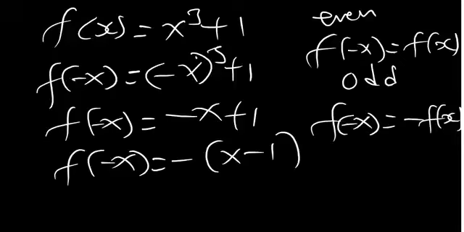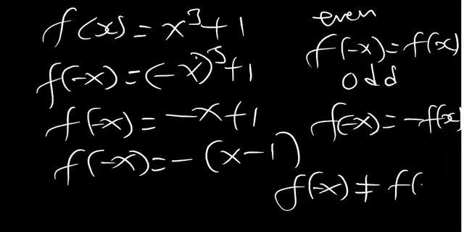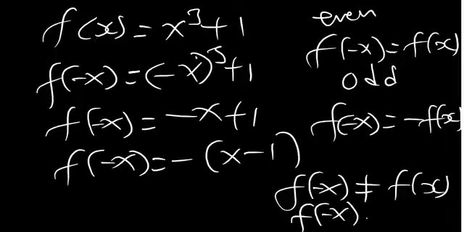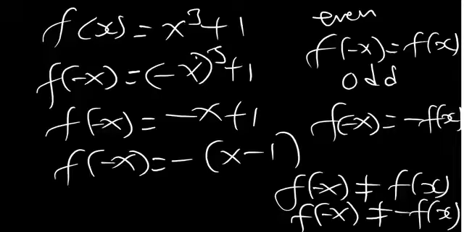As we can see, f of negative x is not equal to f of x. So this function is not even. What of odd? Unless we have a negative outside, then inside here it's supposed to give us the original function. But this function f of negative x is not equal to negative f of x. So this function is not even, and at the same time, it's not odd. So this function is neither.